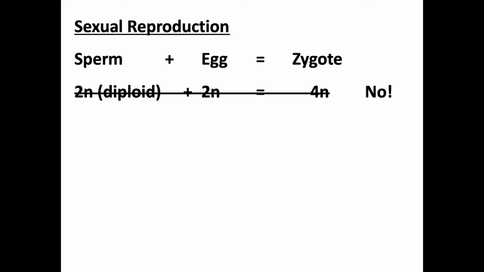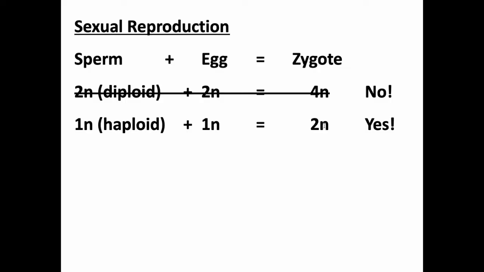This is the reason why I said virtually all of our cells are diploid. Yes, our skin cells are diploid, our muscle cells are diploid, our neurons are diploid. The exception is the eggs and sperm. These things are not diploid, they are 1N or haploid. That's because we need to generate a zygote that's 2N.